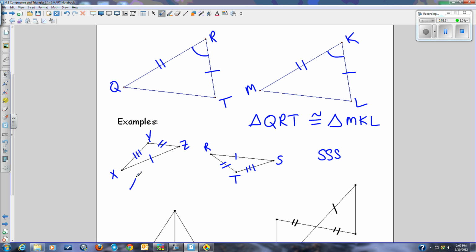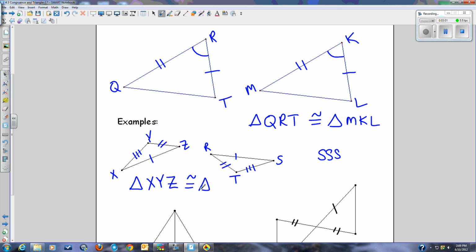And let's also write a congruence statement. So triangle XYZ, we're going to start with that, is congruent to, well, which side corresponds to XY over here? It has the three marks. Well, it looks like TS corresponds to that. And we do want this to go right around. So we have ST, and then we have YZ with the two marks, and so then we have TR with the next two marks.